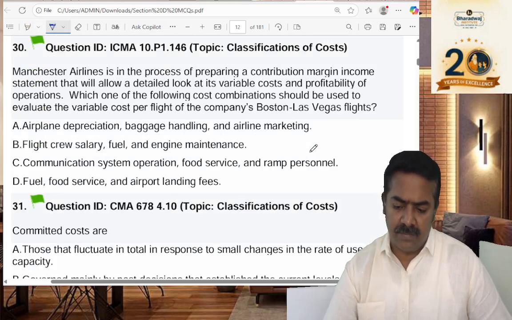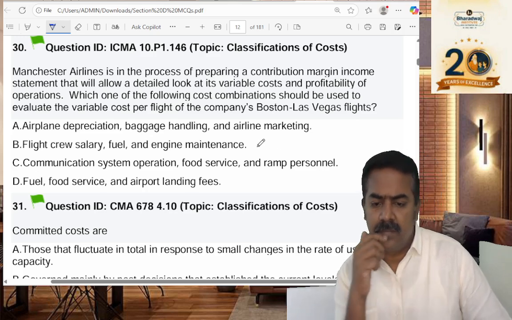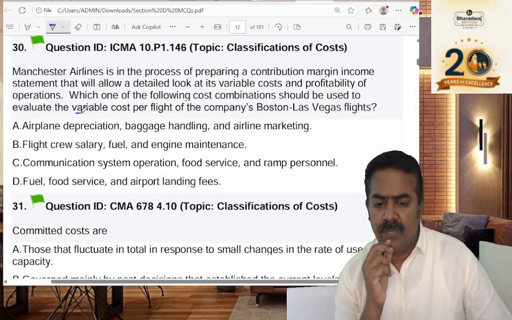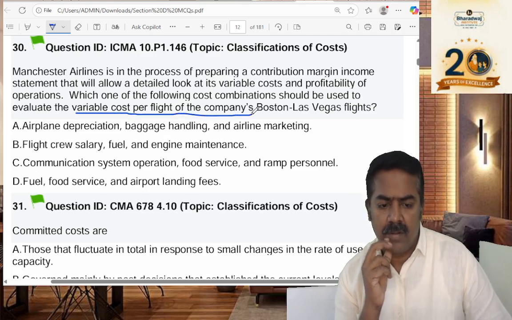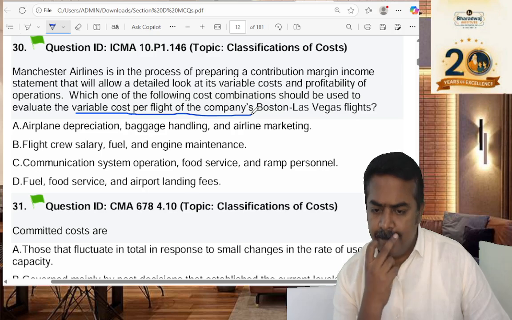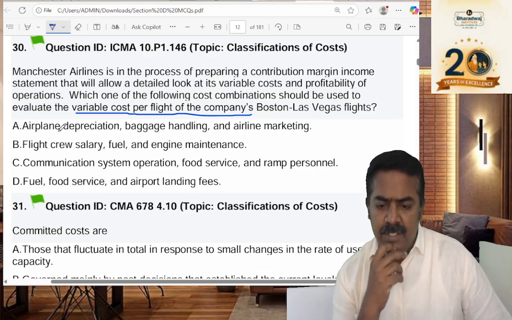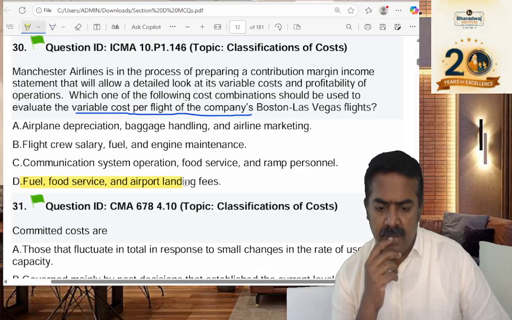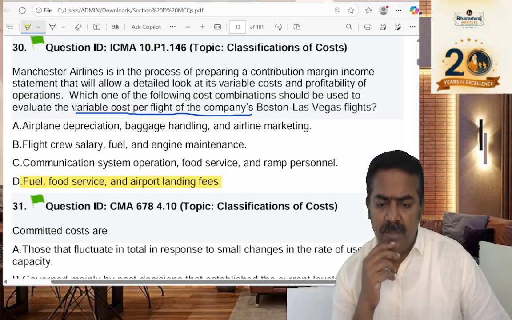Read the next one. Depreciation is a fixed cost. Crew salary is a fixed cost. Engine maintenance is a fixed cost. It will change according to the number of services offered.